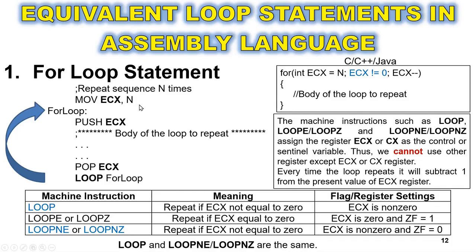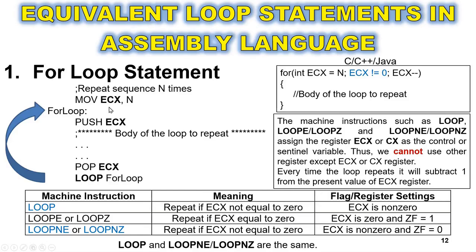We assume that we declare a memory variable n, and that memory variable n contains a numeric value. In fact, we can replace that n with an exact numeric value, depending on how we want the code to repeat. Whatever the value of n, whether it is 5 or 3, that dictates how many times the code will repeat.